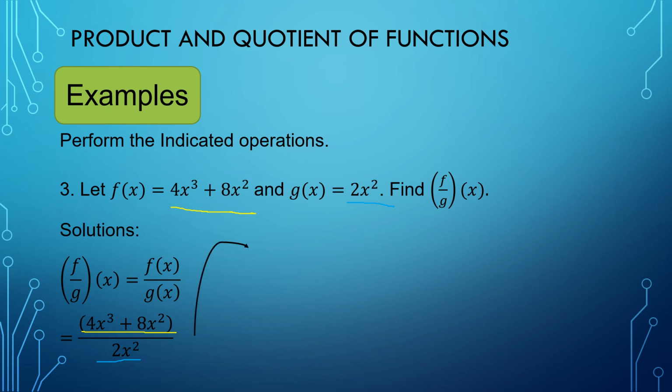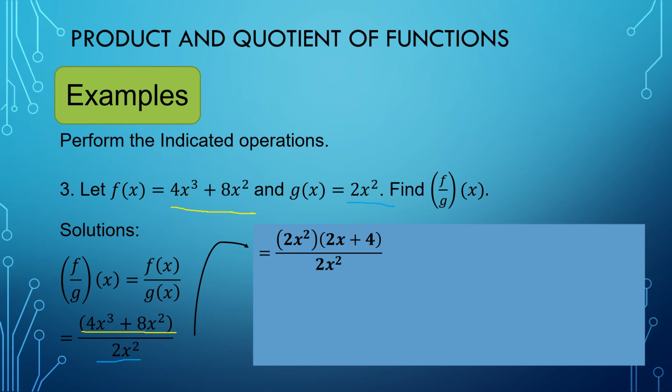So we have 2x squared times the quantity 2x plus 4. Why? Since the factor of 4x cubed plus 8x squared is 2x squared times the quantity 2x plus 4.